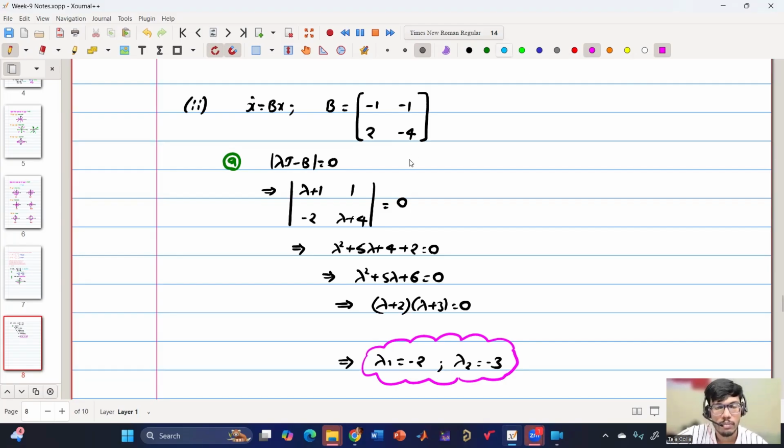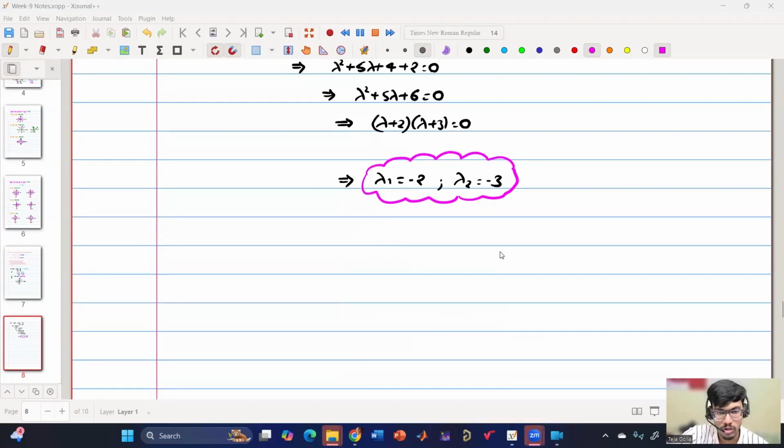So 1 for lambda equal to -2, very good. And for the other case, 1, 2, very good. So you have done it so quickly, also correctly.